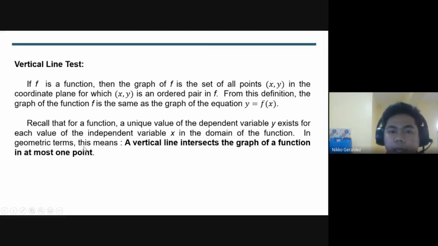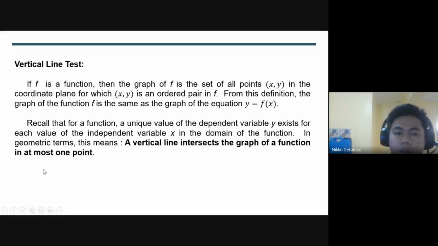Then we have the vertical line test. Let's check if the graph represents a function or not. A vertical line intersects the graph of a function in at most one point, meaning the vertical line should intersect the graph at only one point.